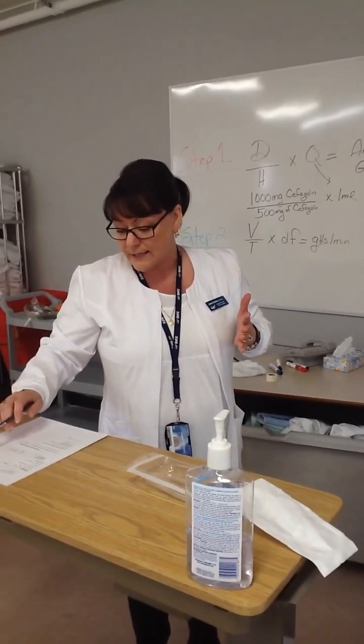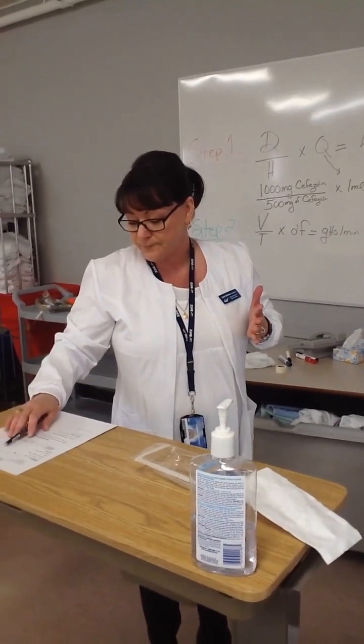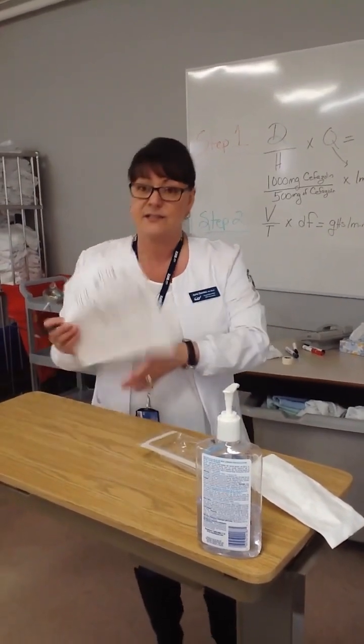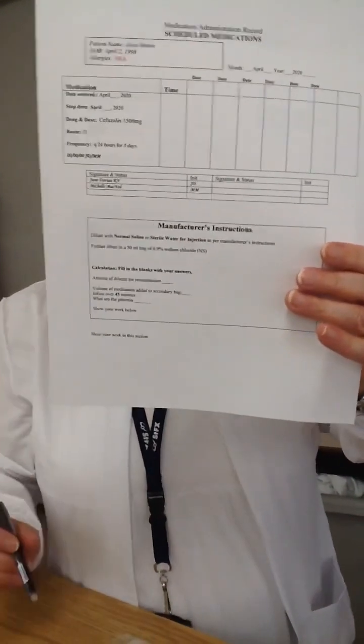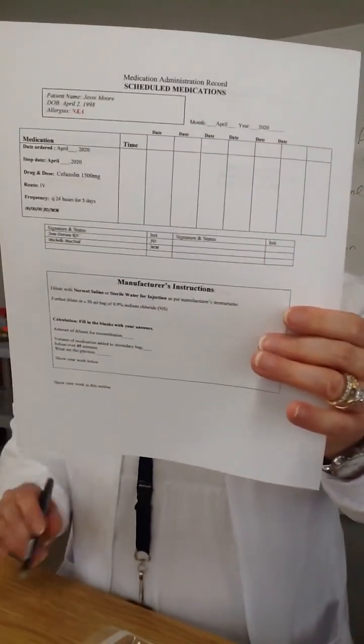So the next thing that I'm going to do is ask you to come back to, for a second, if the camera would just zoom in on these right here, this little section down here below the manufacturer's instruction. The first little blank that you'd fill in says the amount of diluent for reconstitution.